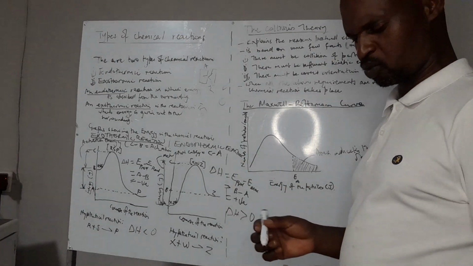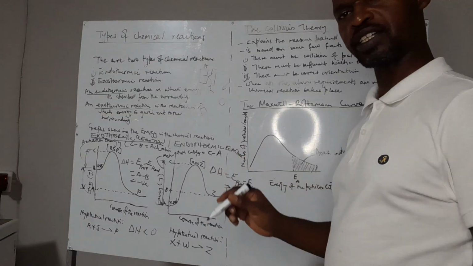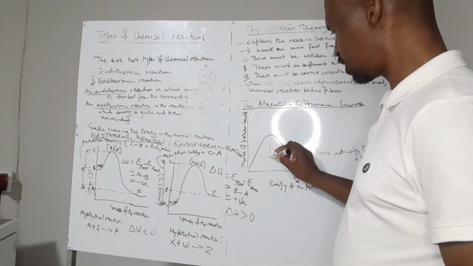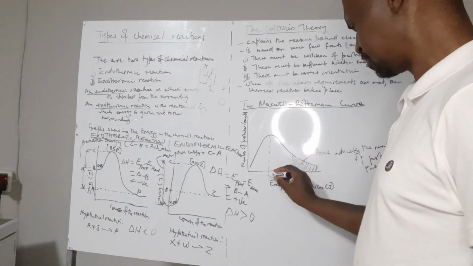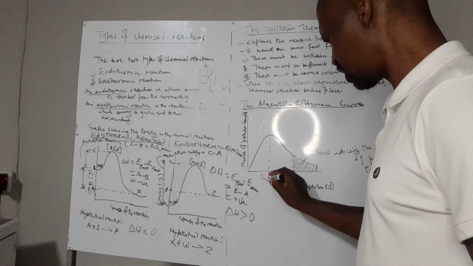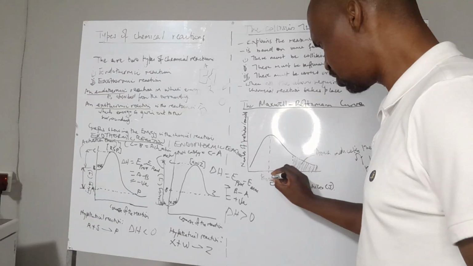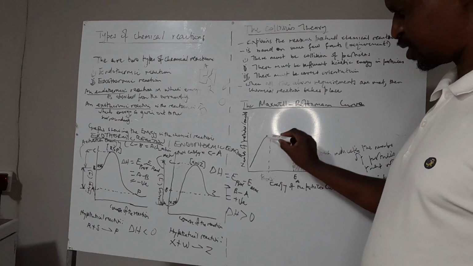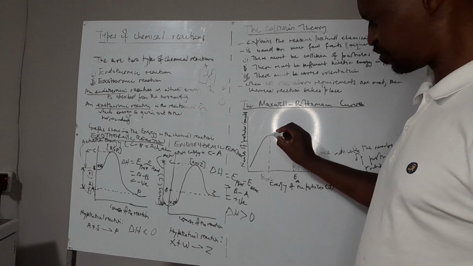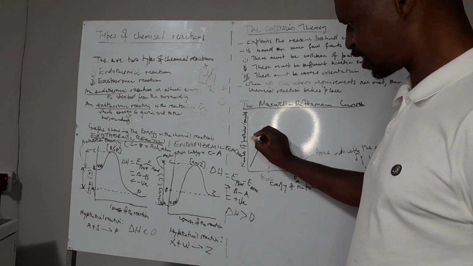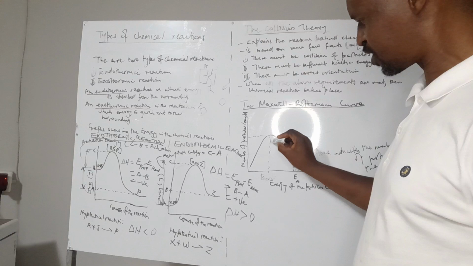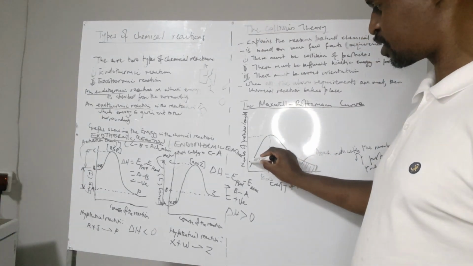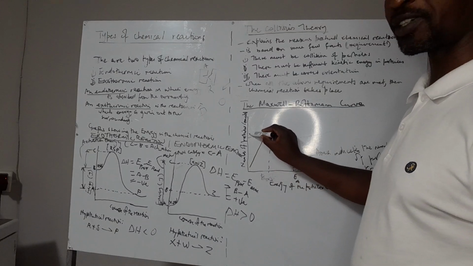From the word average, we mean the energy that most particles in a substance have. When you look back to our graph, if you move up along the vertical axis, there is an increase in the number of particles.